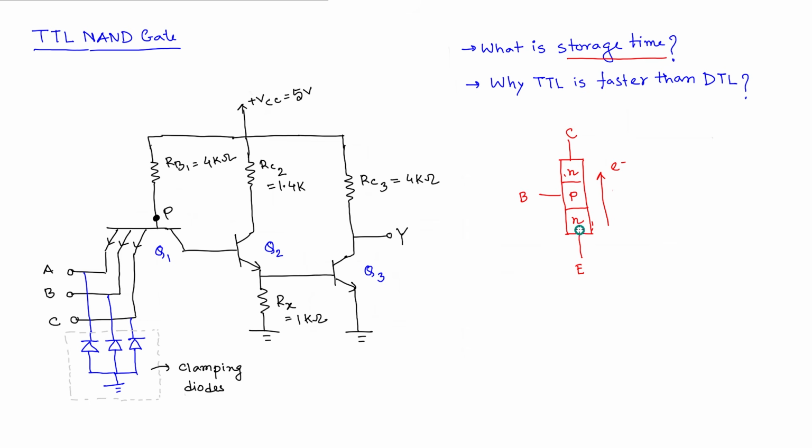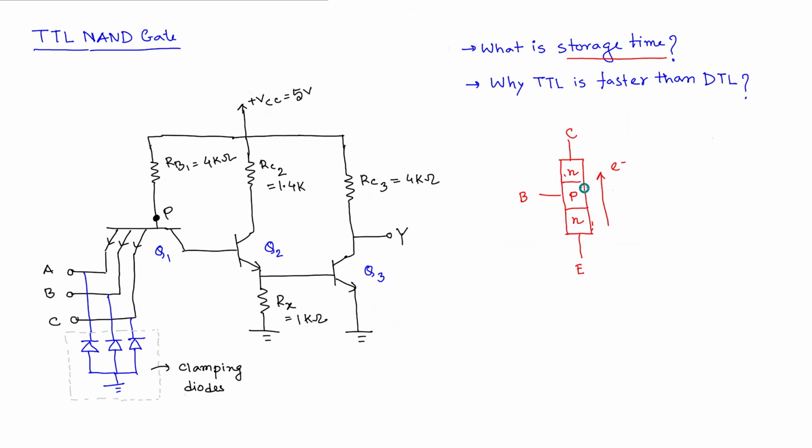They have to flow somewhere, either to the collector or through recombination of holes and electrons. It happens, but it takes some time, and during that time our transistor still behaves as if it is in saturation. That is the delay we are talking about.